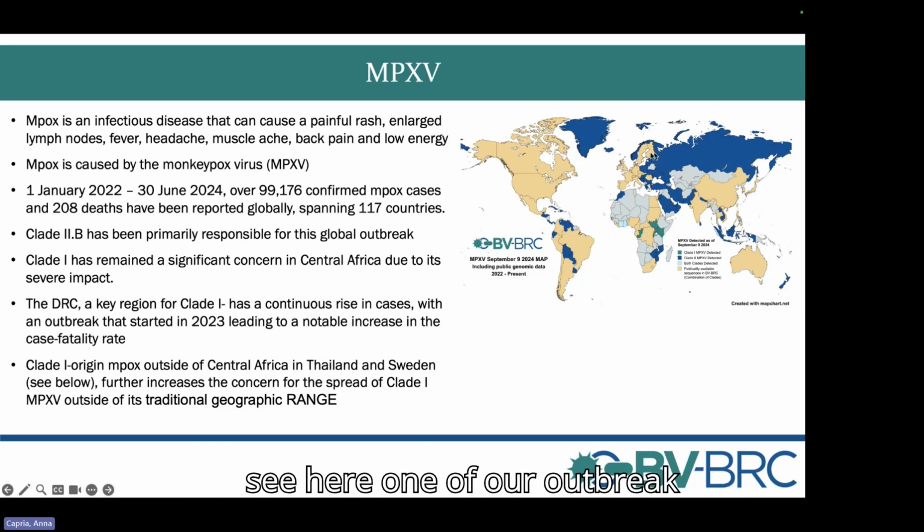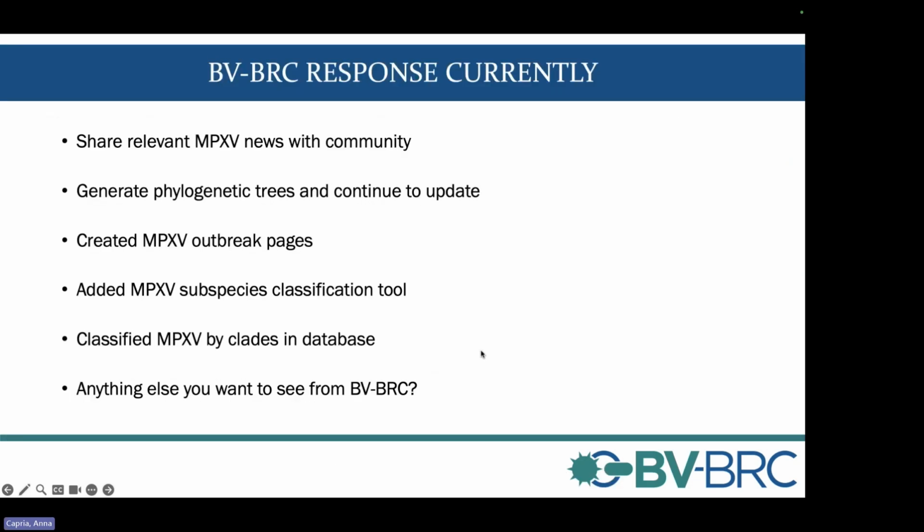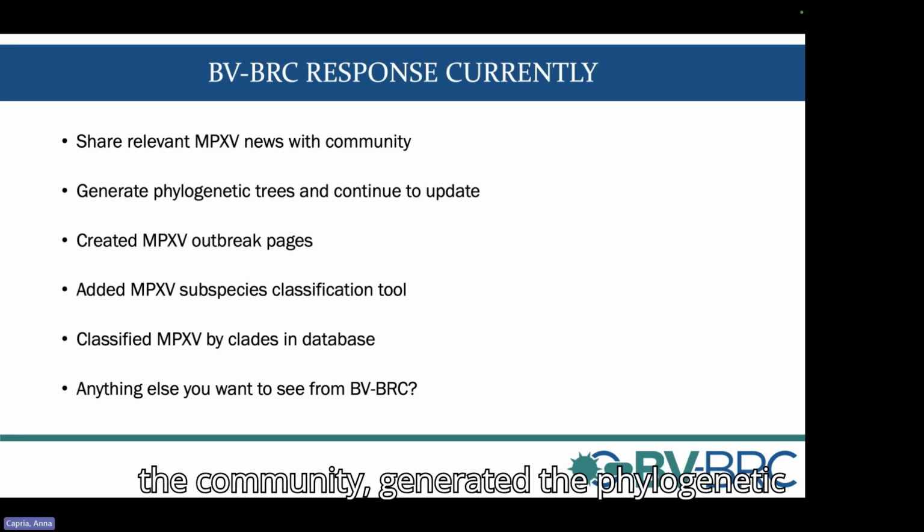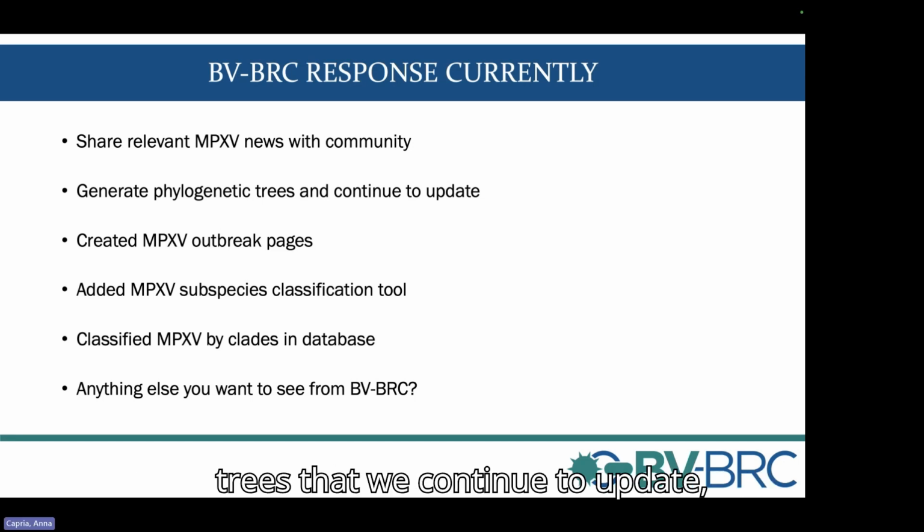So you can see here one of our outbreak maps that shows all of the public genomic data as well as the detection of clade 1 or 2 in different countries. So our outbreak response for MPXV, we shared relevant news with the community, generated the phylogenetic trees that we continue to update, created the outbreak pages, added the monkeypox virus subspecies classification tool.